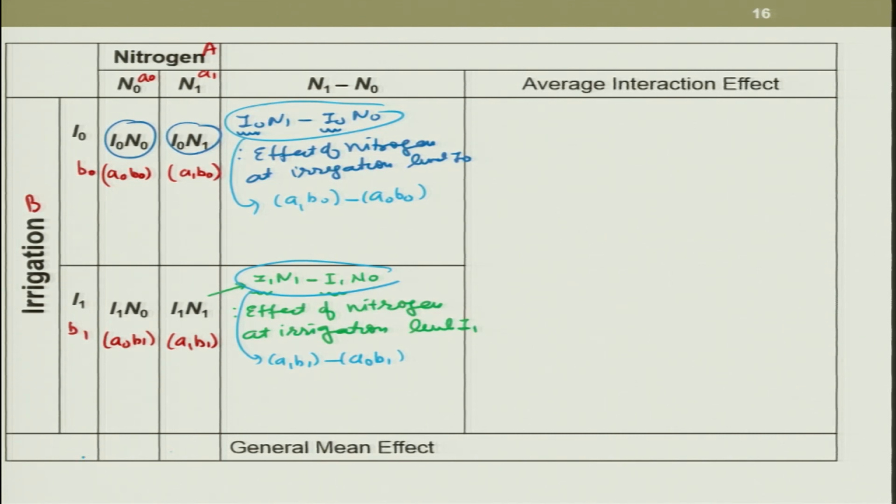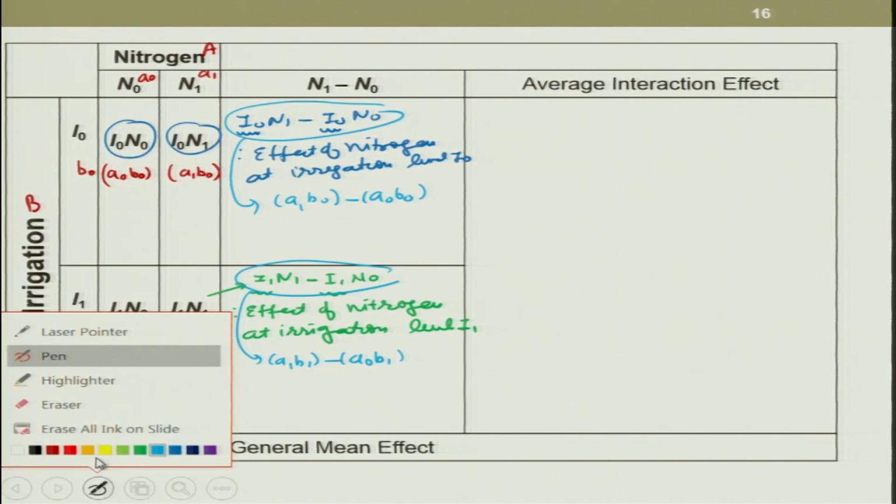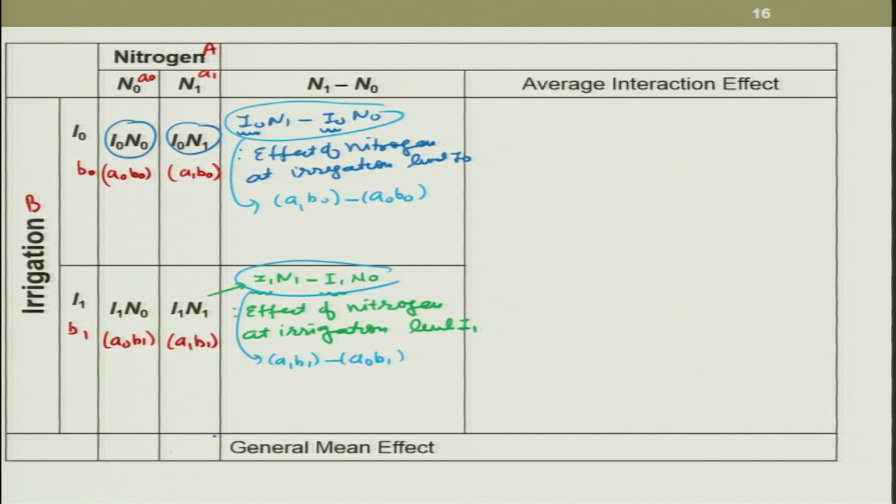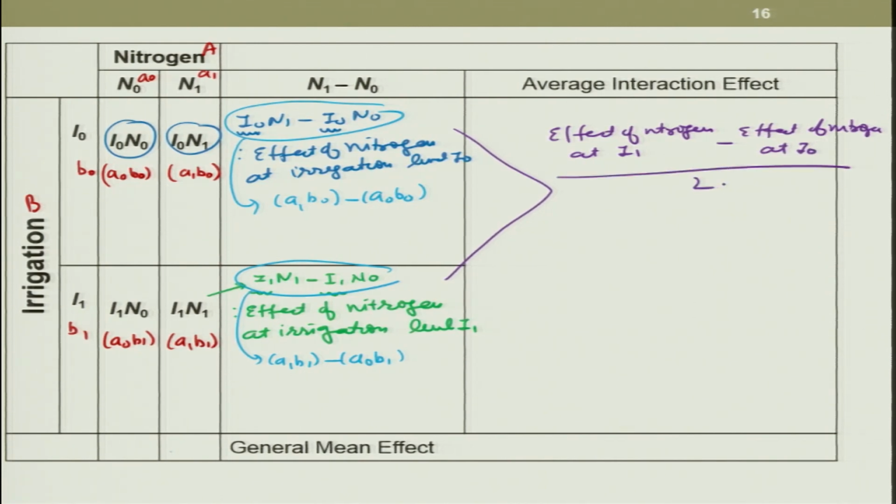Now, next you have to observe what I am going to do here. I take the difference between this and this, that is the effect of nitrogen at I1 minus the effect of nitrogen at I0 level, and I divide it by 2.